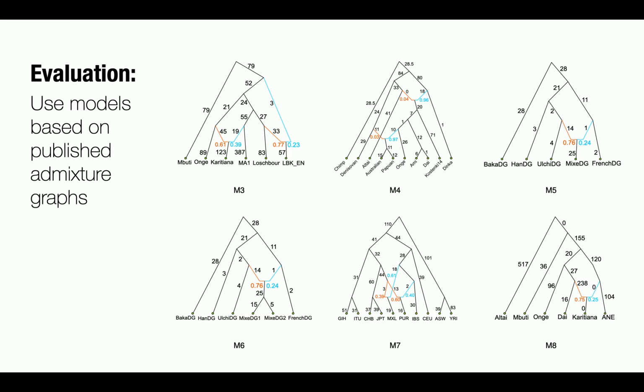Okay, so to benchmark OrientaGraph, we searched recent literature for model admixture graphs that could be used in addition to our case study. The most complex graph here had 10 populations and 2 admixture events. And we started by evaluating OrientaGraph given the F2 statistics implied by these models, which represents the case of infinite data.